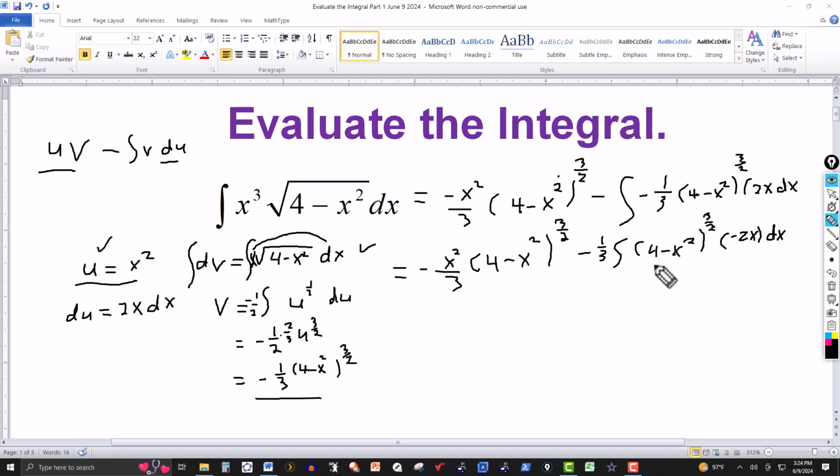To solve this integral, I would use another u substitution, identical to what I did a while ago. I would let u equal 4 minus x squared, and then take the derivative to get du. So du would equal the derivative of 4, which is 0, and the derivative of minus x squared, which is minus 2x dx.